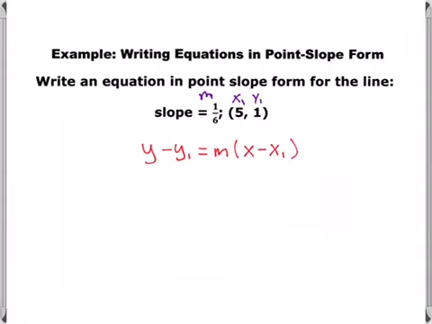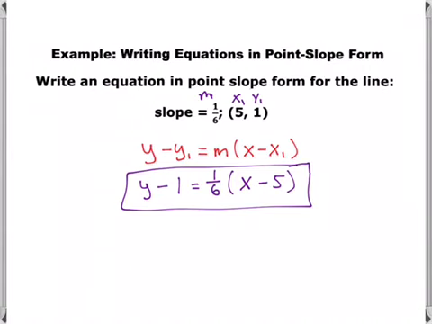The x and the y without the subscript 1s are just your normal variables, but the x1, y1 pieces are our values that we need to plug in. So we're going to replace the information in the equation with what they gave us. So we get y minus y1, which is 1, equals our slope 1/6 times x minus x1, which is 5. And this is our point-slope form equation.